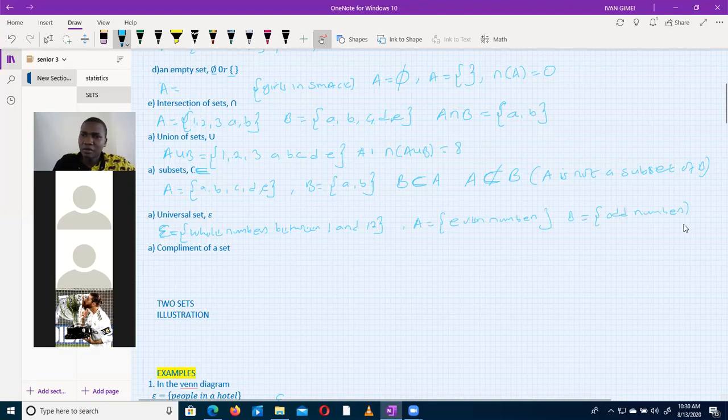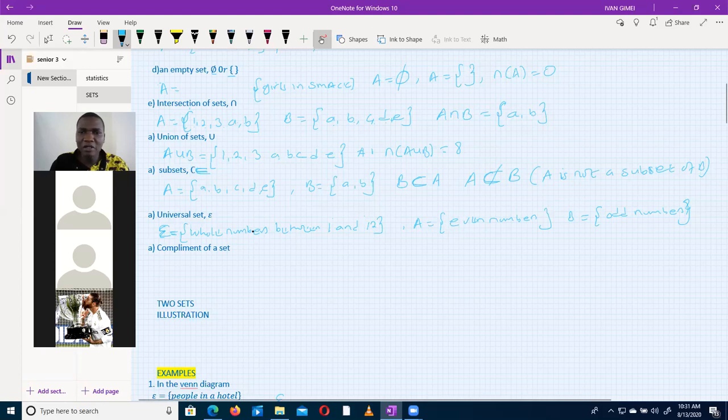Okay, I'm using wrong. So we have our universal set. It has numbers between 1 and 12. Remember, when they say between, it means that these are not inclusive. We're starting from 2, 3, 4, 5, 6, 7, 8, 9, 10, like that, 11, 12.